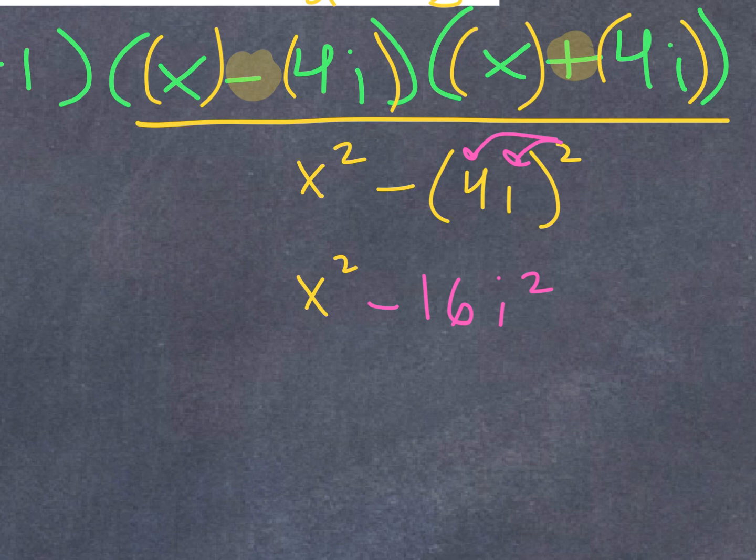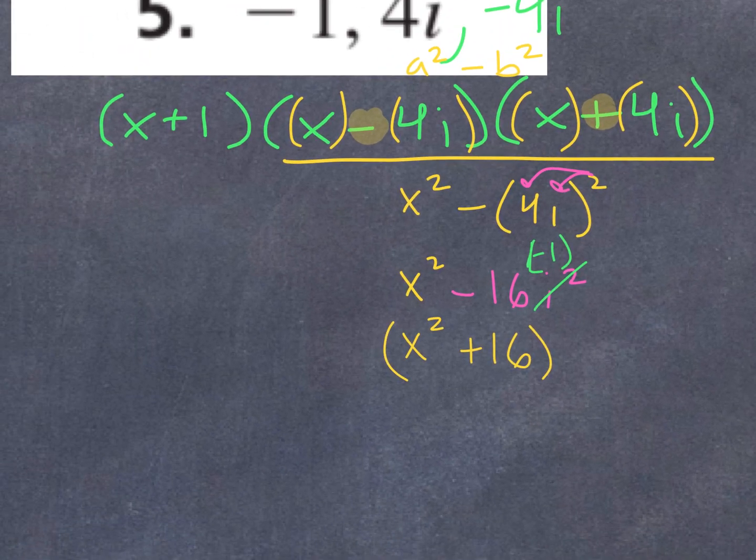So we're going to change this to be negative 1. Well, what's negative 16 times negative 1? Positive 16. So we have x squared plus 16. Any questions so far? How do you get plus again? Oh, the negative 1. Yeah, negative 1 times negative 16.